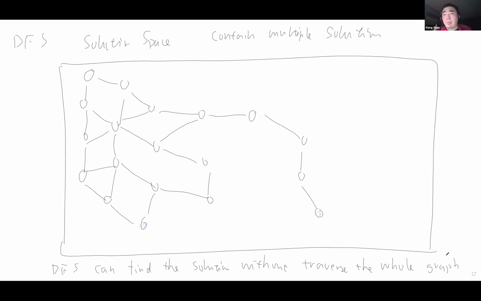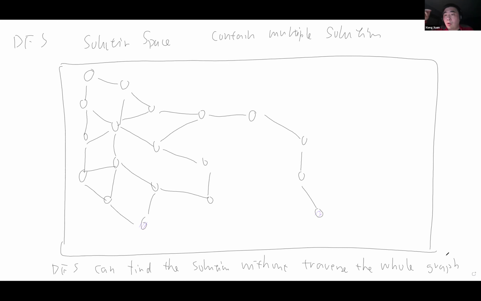Think about BFS previously, right? If the solution is in some very deep layer, say layer K, then if you're using BFS, you will not see the solution unless you visit every node from level 1 to level K minus 1, because you're not going to advance to level K without finishing all the nodes before. But DFS doesn't do that.